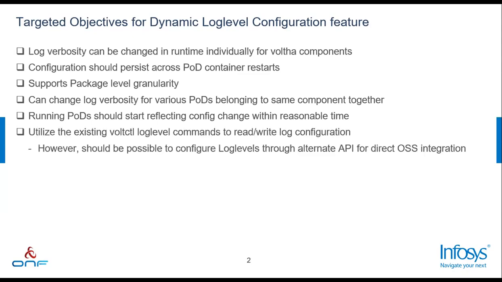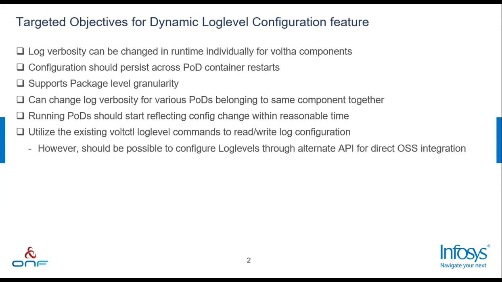We also wanted to use the same model that was already there through voltctl to change the log level, but it should also be possible to change log levels through an alternate API so that there can be a direct OSS integration. Please stop me if you have any questions so that I can answer them. I'll move to the next slide.